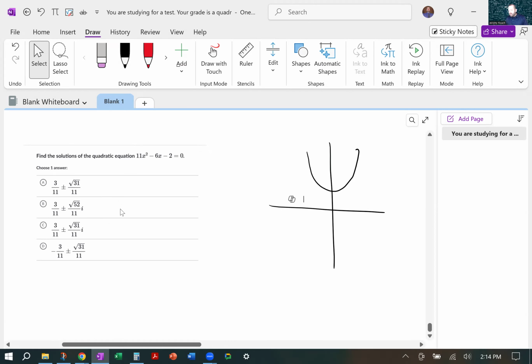So if you remember doing the quadratic formula from other math classes, that's great. This will be good review. If you just kind of remember, also good. If you don't remember or you haven't learned it before, that's okay as well.